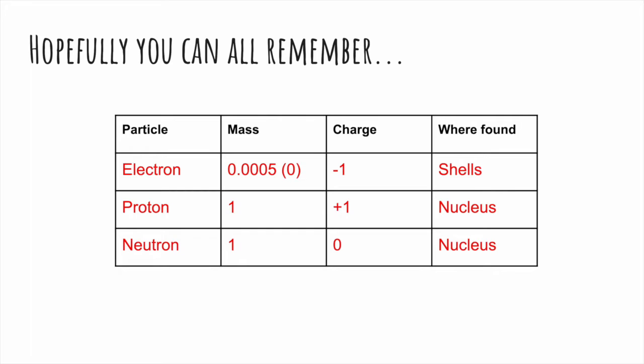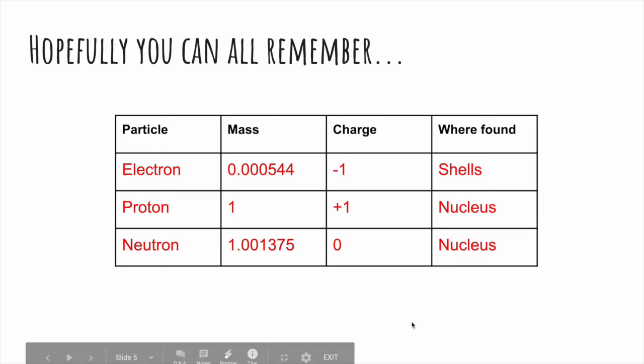You probably need to know it for a bit of physics, a bit of biology as well. Those of you that are doing multiple A-levels, this is just good information that you're not going to be able to escape. And actually at A-levels, these numbers change ever so slightly, or at least you need to be aware of these specific numbers. So an electron, we can't get away with saying a 0 anymore. We have to say it's 0.000544.